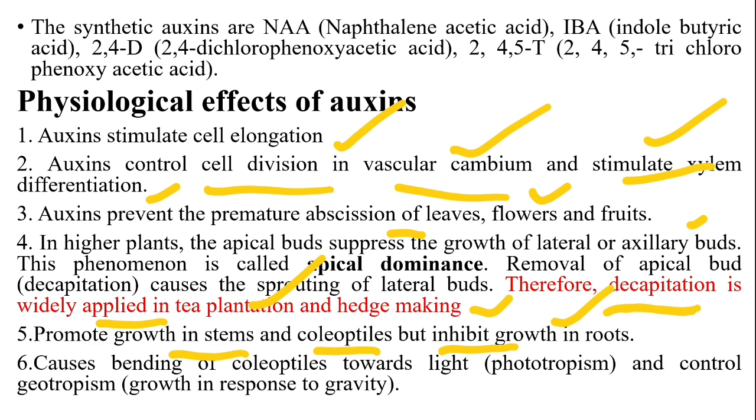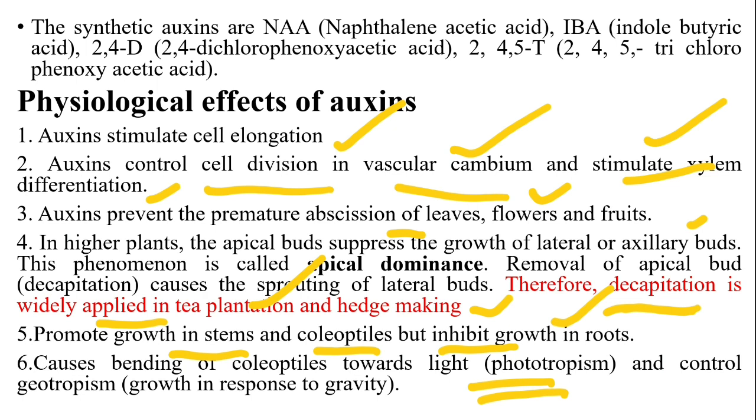It only initiates the root formation but cannot help in the growth of the root. Then it causes the bending of coleoptile towards light, and that phenomenon is known as phototropism. The bending or movement of the plant's upper part towards the light source is known as phototropism or tropic movement of the plant. And it controls geotropism.